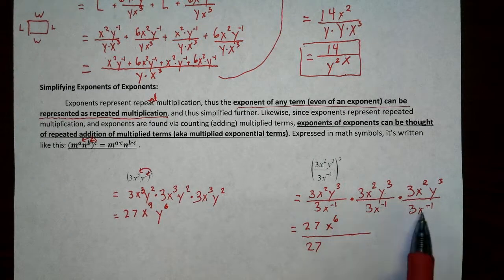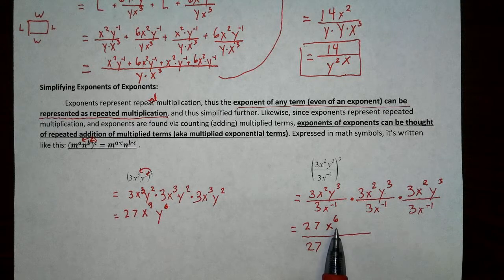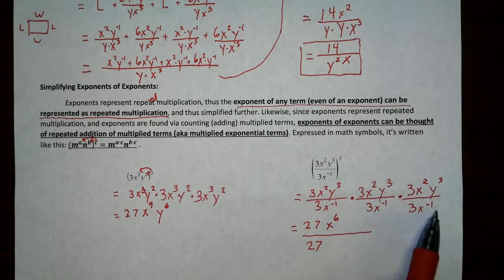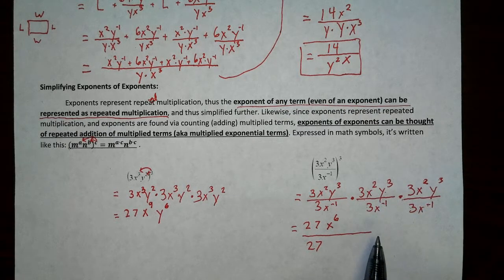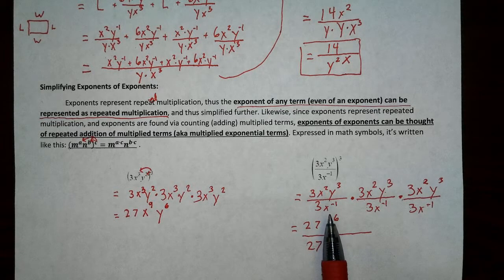Alright, now let's look at the bottom. This may look a little weird, but that's okay, right? Because we have negative 1 of our x's, we have another negative 1 of our x's, and another negative 1 of our x's being multiplied. Okay, so this is a deficit. This is a backwards counting, right? A loss.